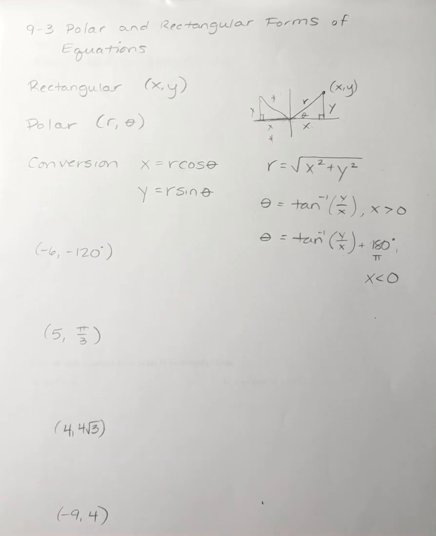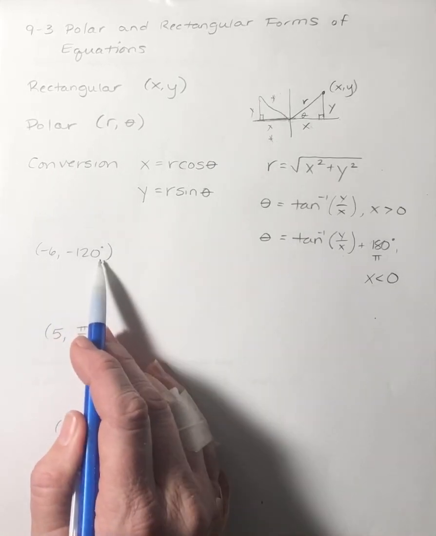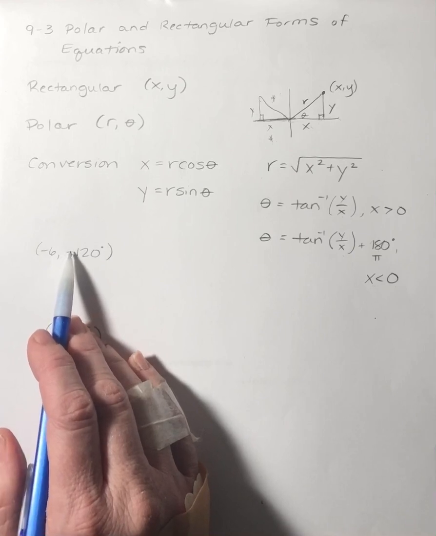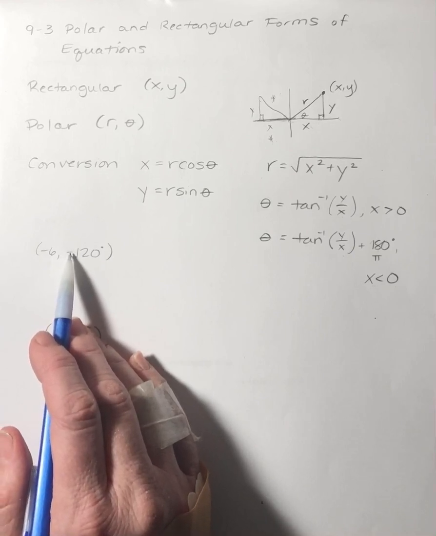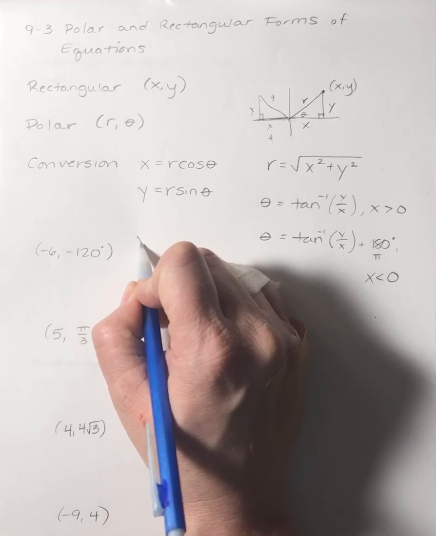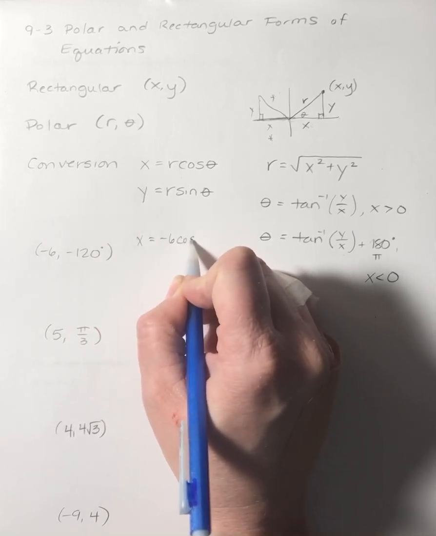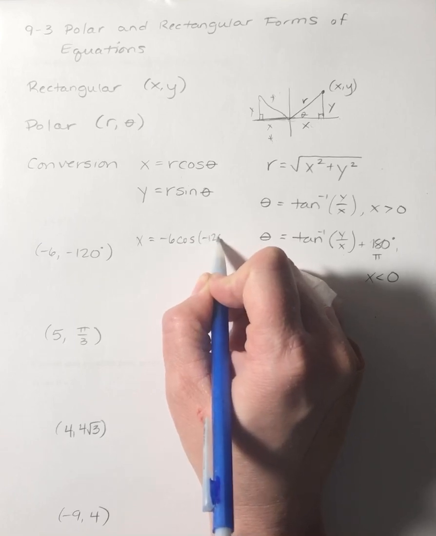Okay? So we have (-6, -120). This is in polar. We're going to change it to rectangular. So my x is equal to -6 times the cosine of -120.